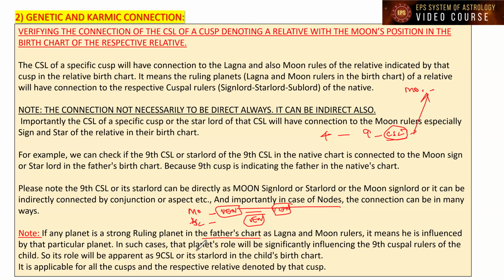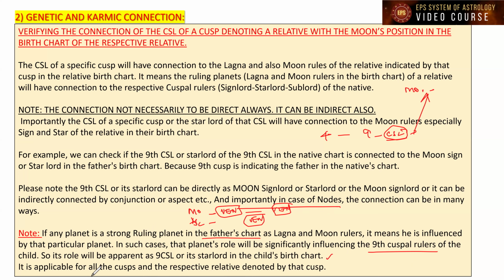In such cases, that planet, Venus, will be significantly influencing the ninth cuspal rulers of the child, right? Because that father is influenced by Venus. So if you take the ninth cuspal ruler, definitely Venus's role will be there. So its role will be apparent as cuspal sublord or its star lord in the child's birth chart.